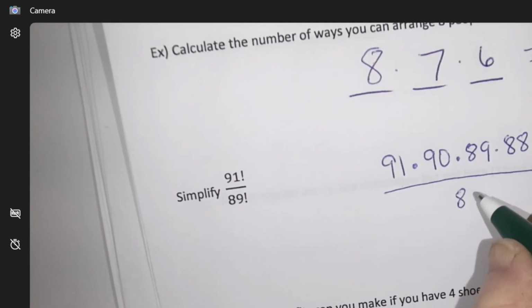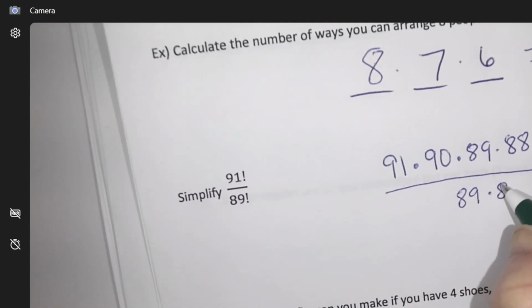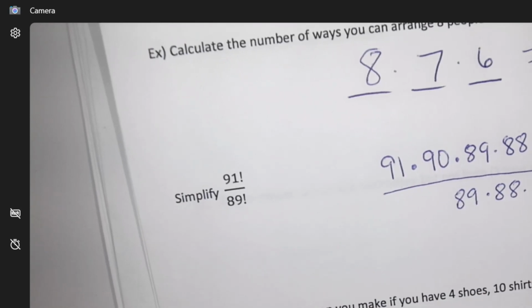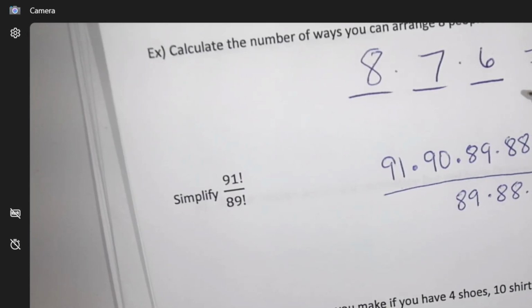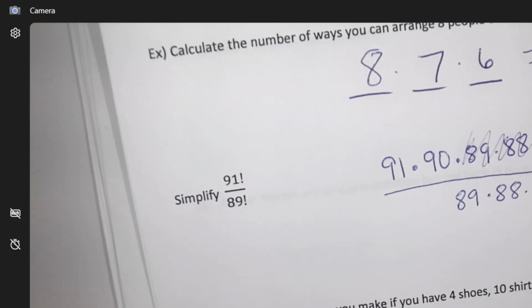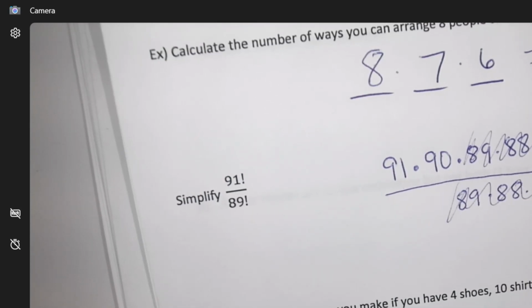So this one would be 89, 88, oh, it would just keep going. So then can you see that all of this multiplying and all of this would just cancel?